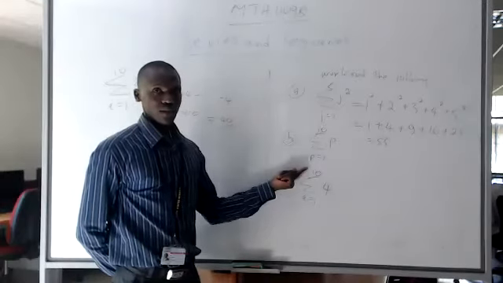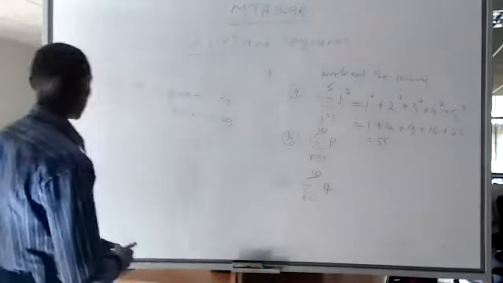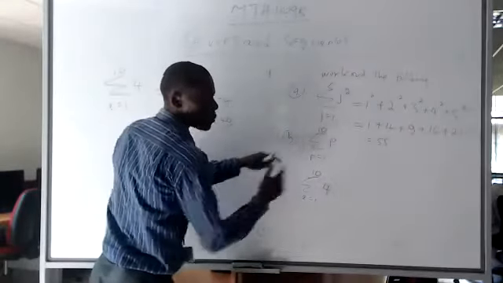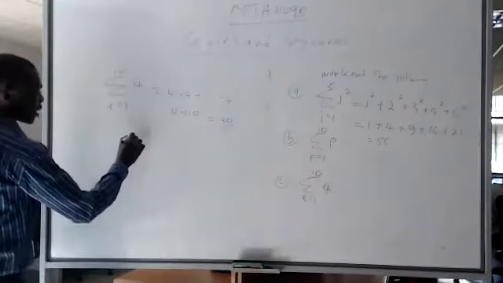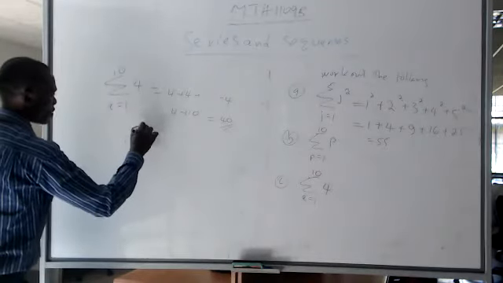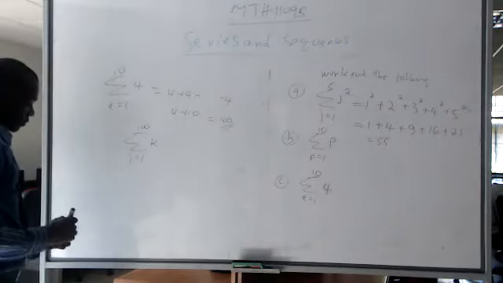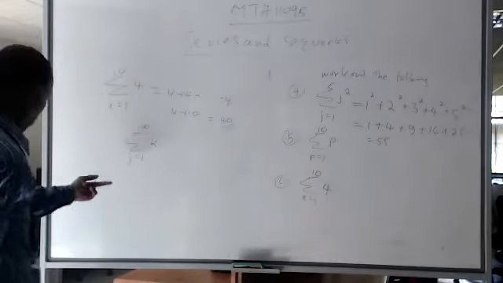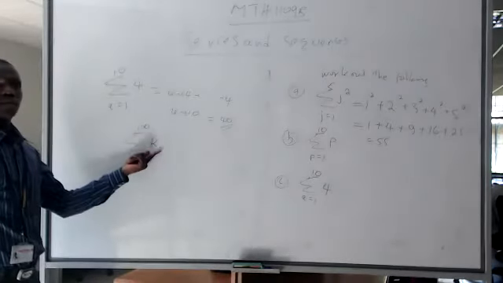So for example, I could bring a similar problem, but now instead of 4, I put something else. Something like summation, maybe j is 1 to 100 of k, where k is any number. I'm summing in j, but I'm summing k.